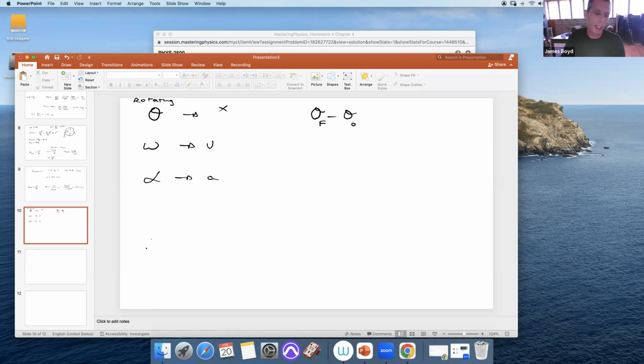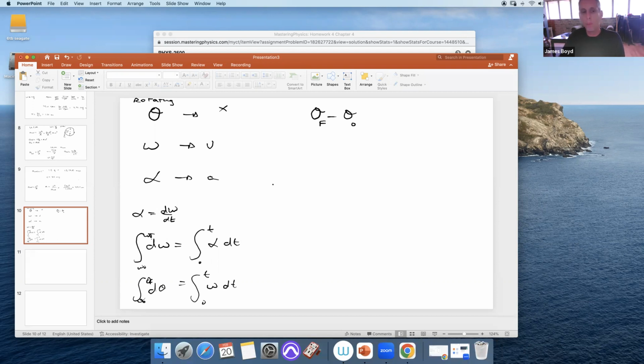If we were to say that d theta is alpha dt, because alpha is d omega dt, and we were to integrate these from 0 to t and from omega initial to omega final, and then do d theta from theta initial to theta final and omega dt from 0 to t, we would get the same set of constant acceleration equations, but with different variables.